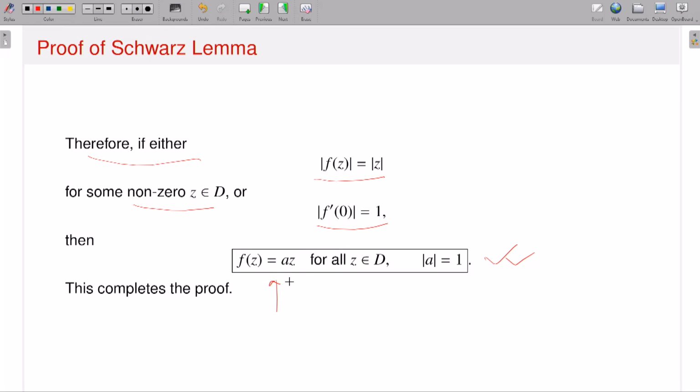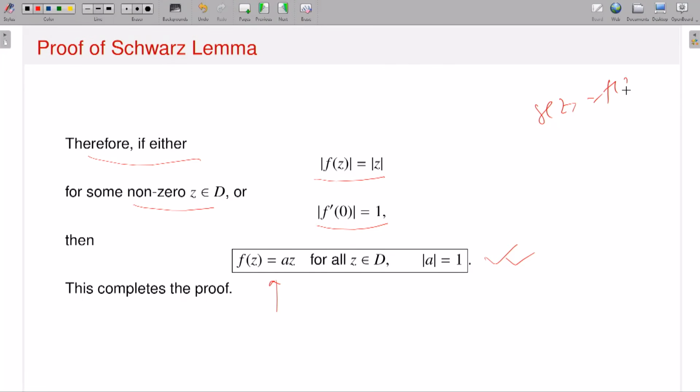Once you have defined your function g in this way, first you conclude that your function g is analytic on D. Second, by the maximum modulus principle, you prove that the modulus of g of z is dominated by 1 for all z inside D. So from the function f, now you have the function g which is analytic on D, and absolute value of g of z is less than or equal to 1 for all z in D. Once I have that, this implies two facts, because g is of the form f of z by z if z is non-zero, and f prime of 0 if z is equal to 0.